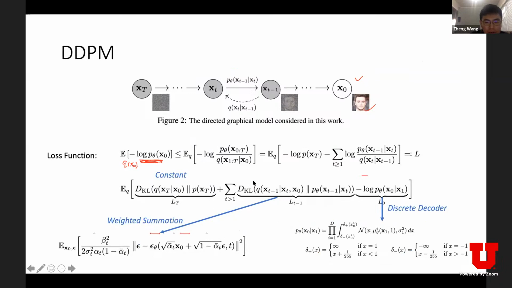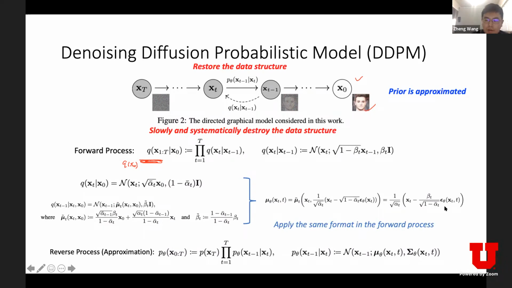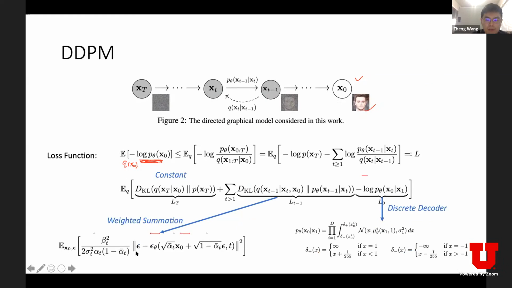And here we can further formulate this KL divergence term into a weighted summation term, where epsilon is the noise that happened in the forward process between adjacent time points, and epsilon theta is a neural network we use to learn the noise term in the forward process.